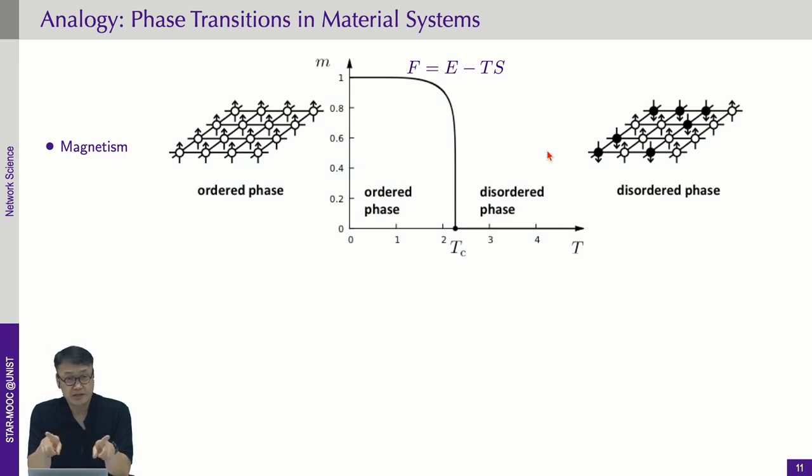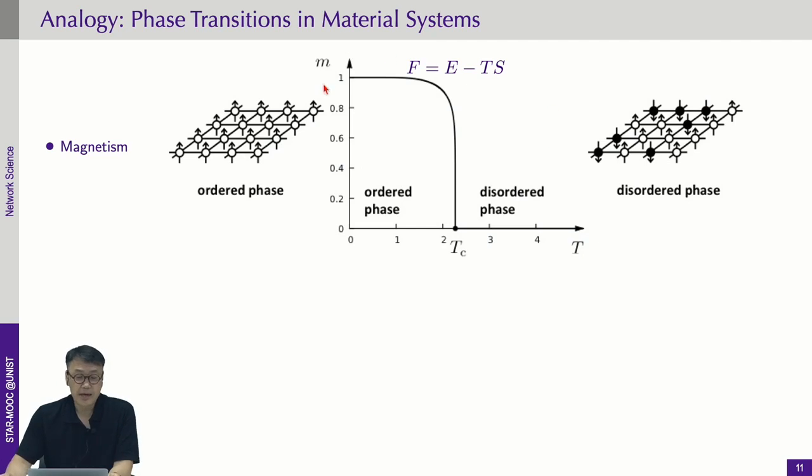Spins interact with each other, and in the case of ferromagnetic interaction, an interacting spin pair has lower energy when they align with each other. The spins tend to align so that the system composed of many, many interacting spins becomes energetically stable. At the same time, because the system as a whole may exist in lots of different microscopic configurations that share the same energy, the equilibrium material properties depend not only on the energy but also on the entropy of the configurations.